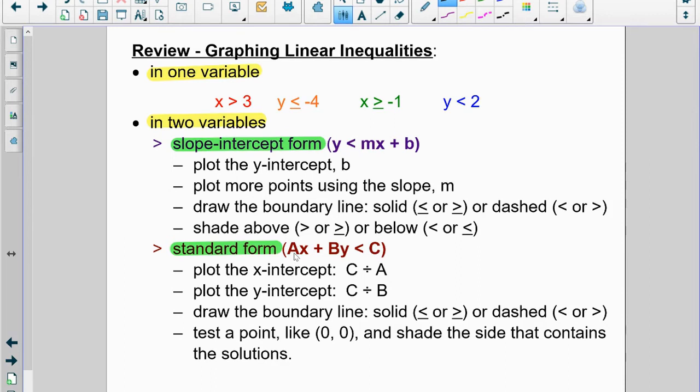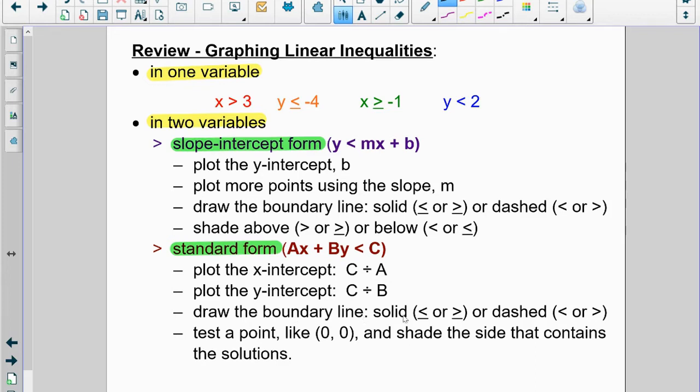So c divided by a will give you the value of the x-intercept. The y-intercept is when you take the constant term divided by the number in front of the y variable. C divided by b will give you the value of the y-intercept. And that's going to help you find the positioning of the boundary line.